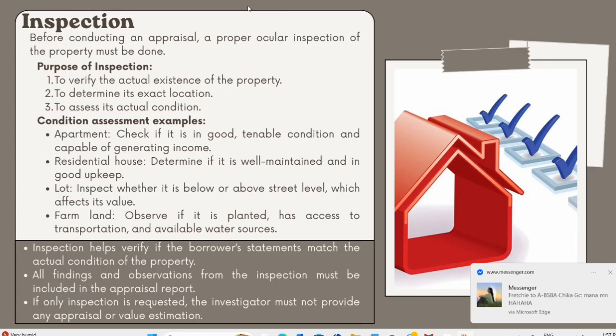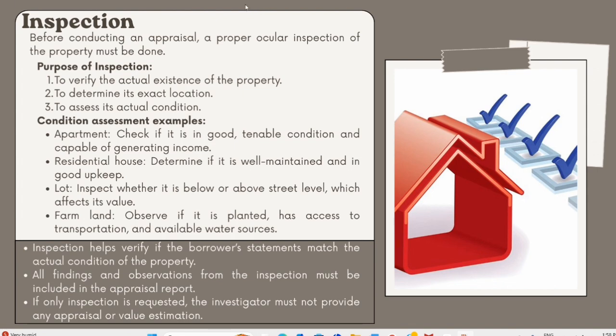Assess condition. The investigator inspects the house, walls, roof, plumbing, and electrical system, and notes if it needs minor repairs. The bank uses this info to confirm the property is valid collateral, value it accurately, and decide whether to approve Maria's loan or not.